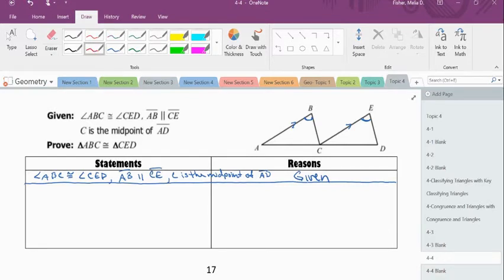Looking at our parallel lines, I'm going to extend them a little bit. We've got these parallel lines being cut by this transversal. What else can we determine?